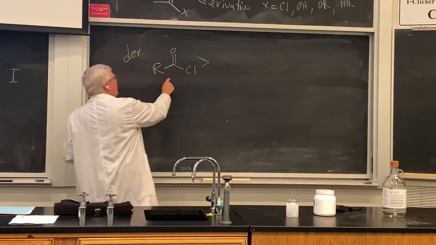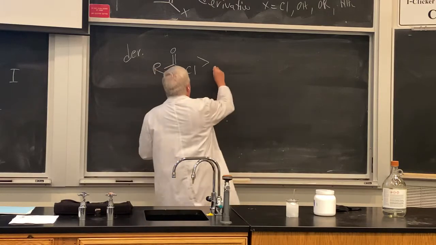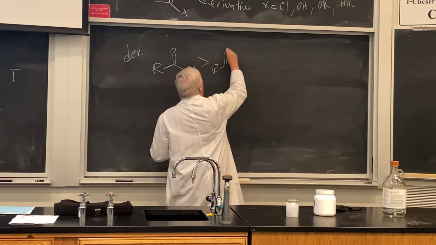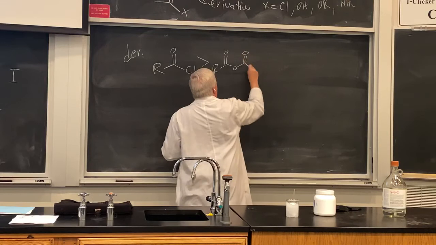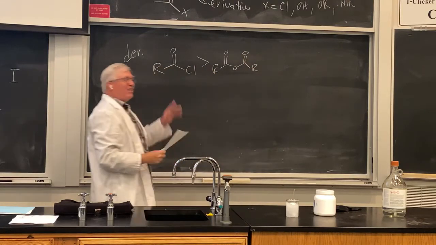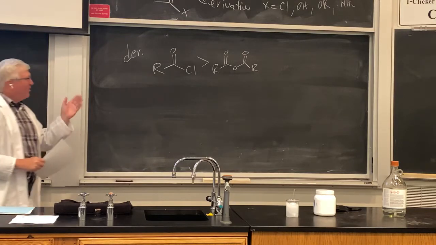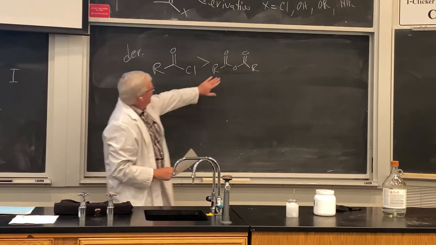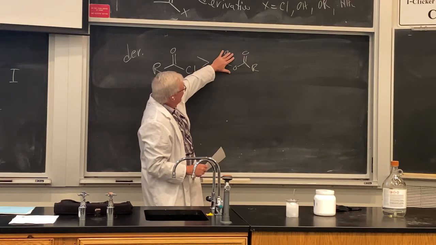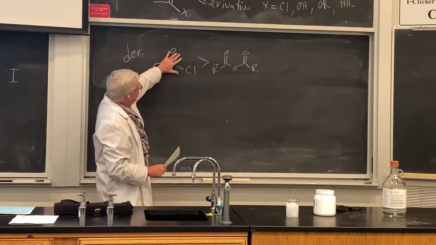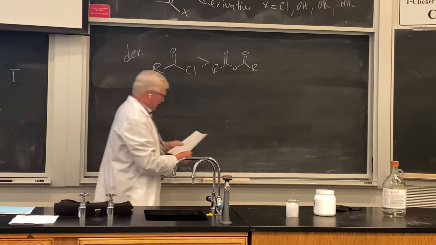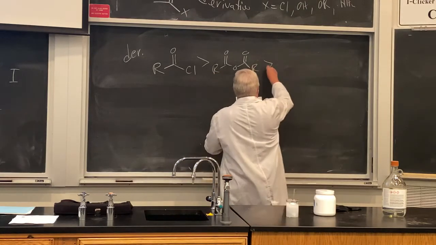We'll see the reactivity is very high for these. Now, another highly reactive derivative is the anhydrides. And we actually saw those in Friedel-Crafts chemistry also. They're also very reactive. And it has to do with the fact that you've got a carboxylate group on the side of the carbonyl. Here you have a chloride on the side of the carbonyl. How about this one?